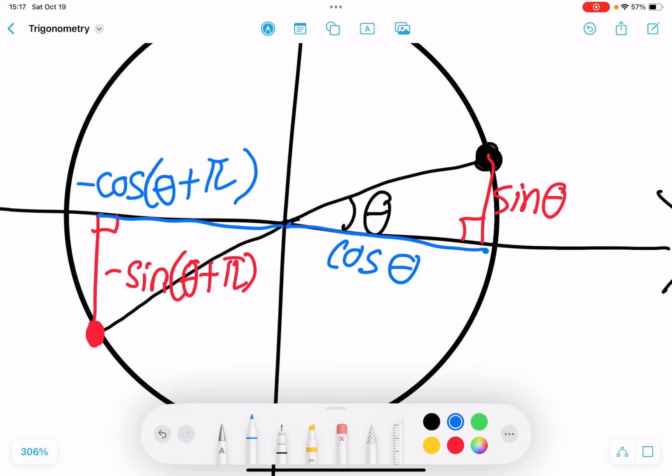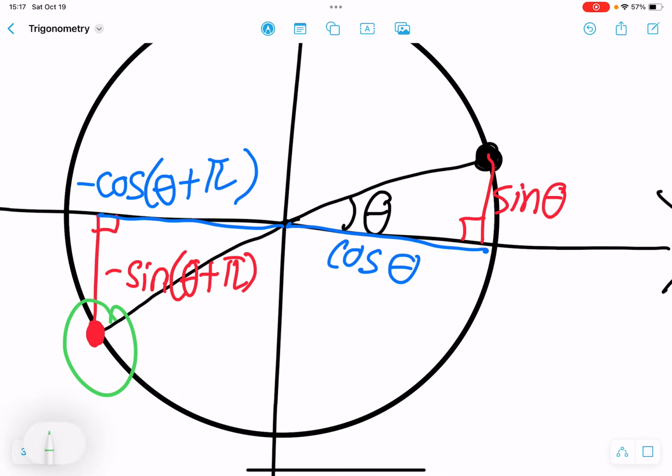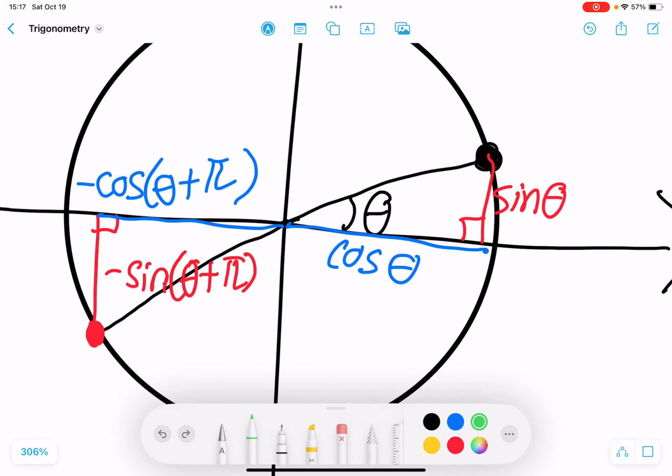It's as if this triangle over here is mirrored by the origin, so there's this new triangle with all negative coordinates, because this point is in the third quadrant. So that's about the properties, and there's also some other properties that we'll cover next time.